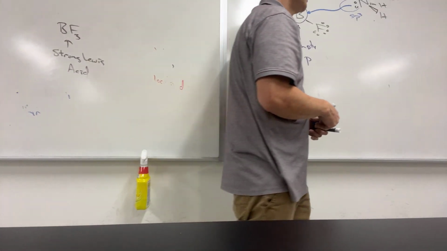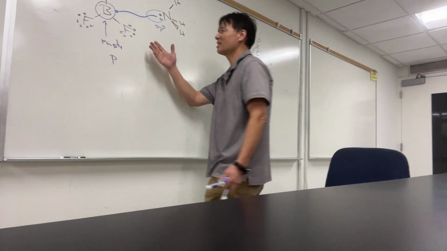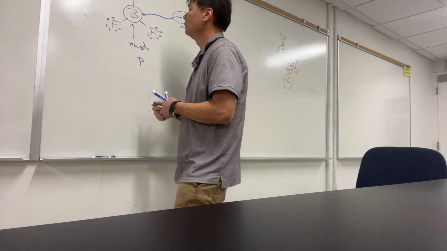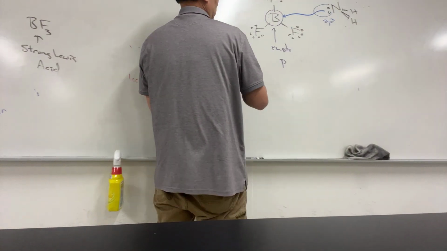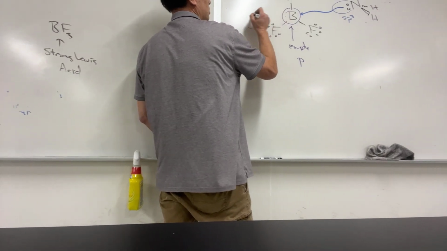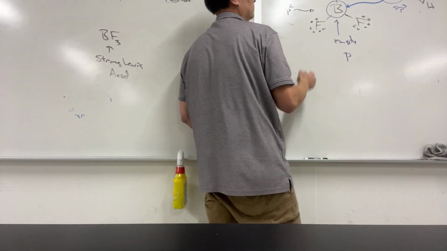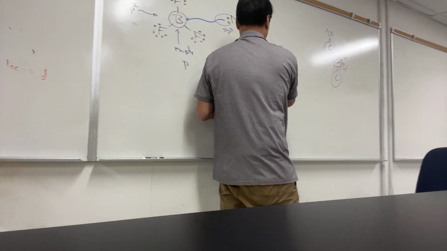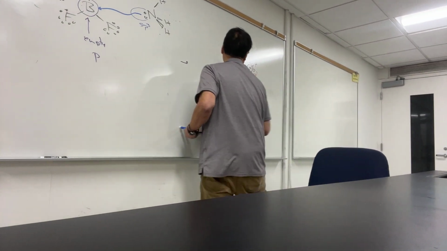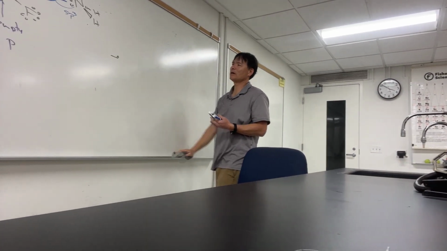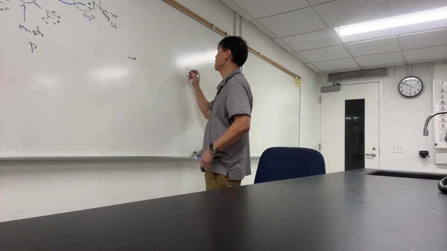And so what's going to happen is, in this case, it's not going to stay sp2. The boron's sp2, right? And so boron's sp2, and we should have an unhybridized p orbital. And so using VSEPR, we expect it to change hybridization.